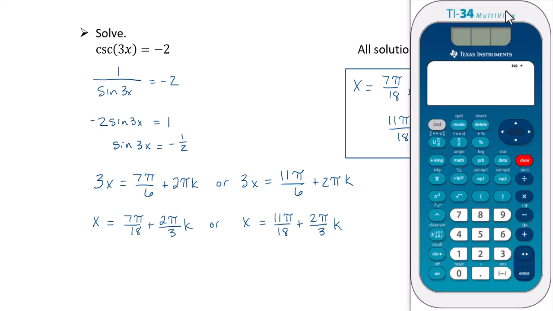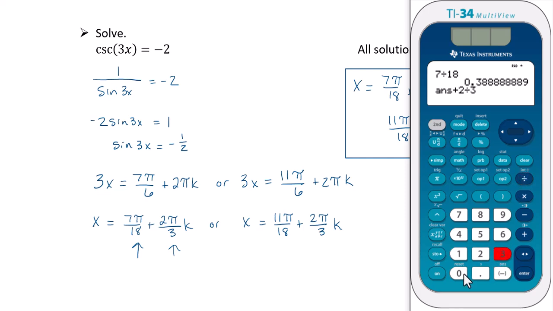Now I want to show you how to make this a little bit easier by using the calculator. Remember, these are all fractions of pi that we're adding, so we can just deal with the fraction part on the calculator. We've got 7 over 18. That was our first angle, so 7 over 18 pi, or 7 pi over 18. And then I can add 2/3.